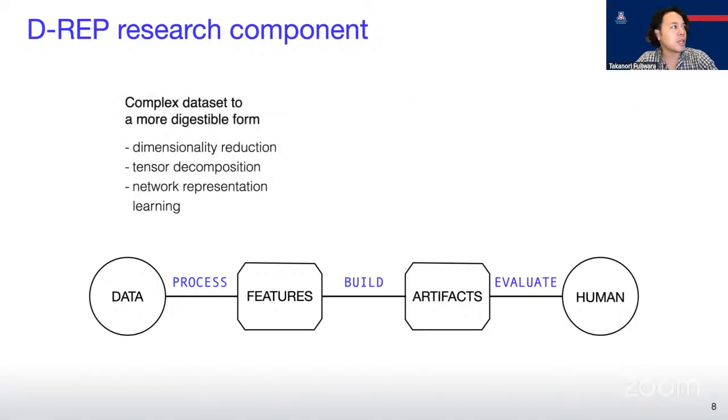More specifically, the first step, process, converts a complex data set to a set of features, which is a more digestible form for humans, and also for the next build step. For this process, we develop various new computational algorithms for complex high-dimensional data sets, such as dimensional reduction, tensor decomposition, and network representation learning methods.